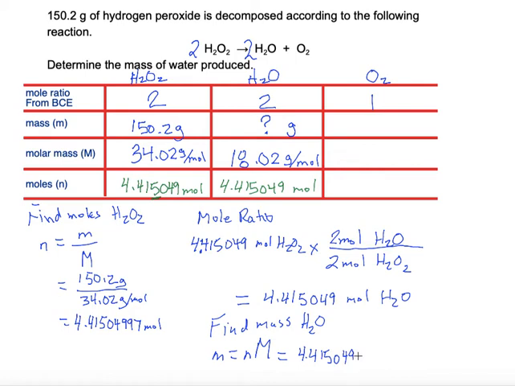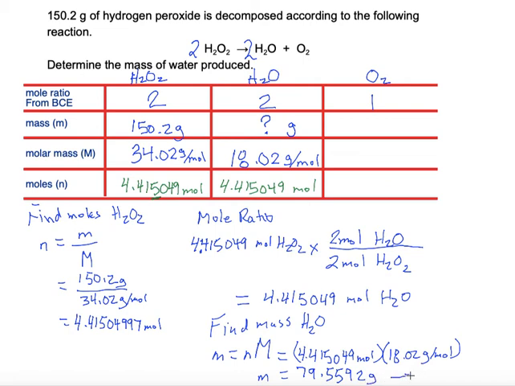So that is going to be 4.415049 moles times 18.02 grams per mole. And we will get a mass of 79.5592 grams.